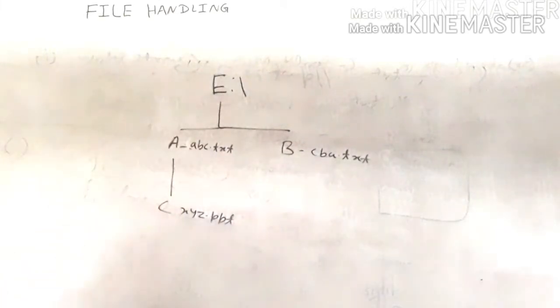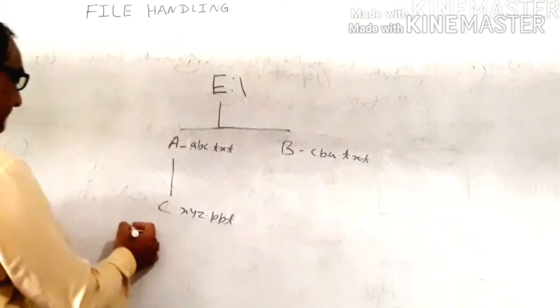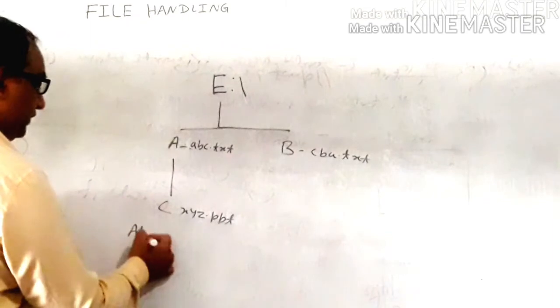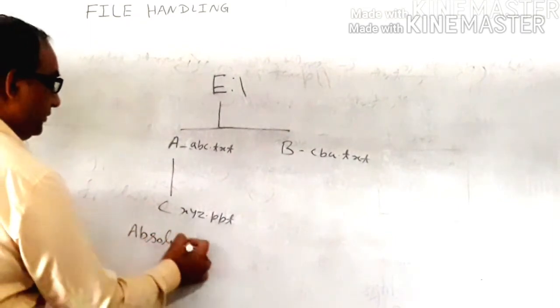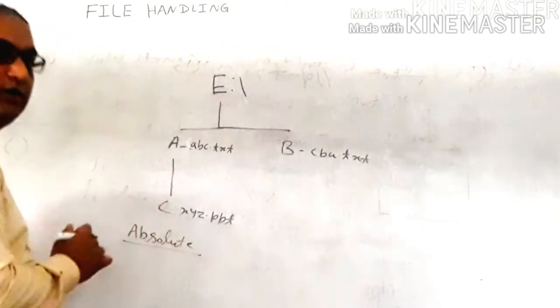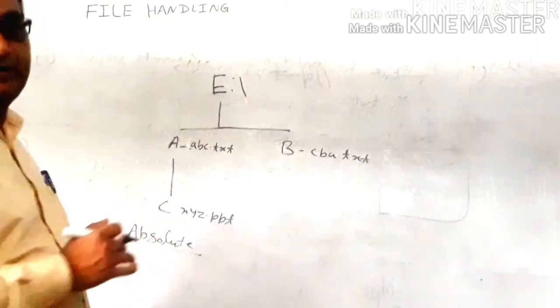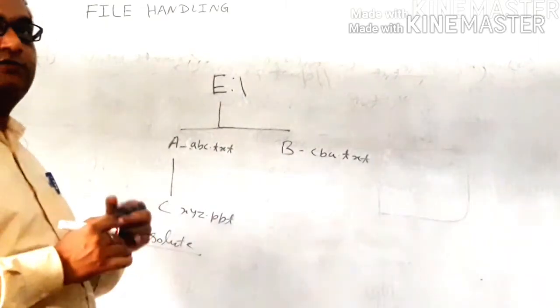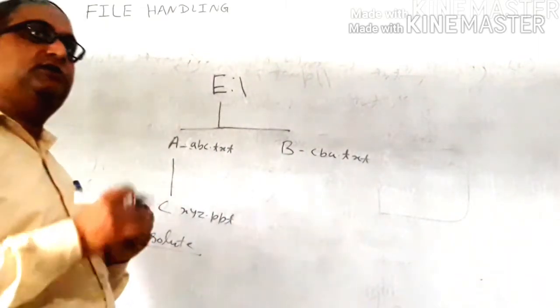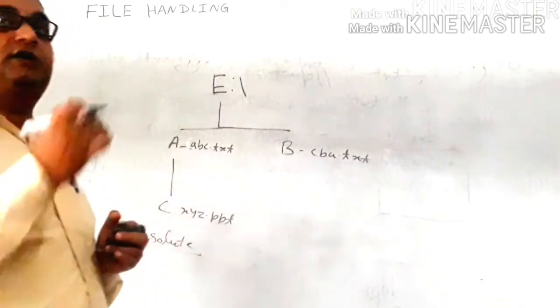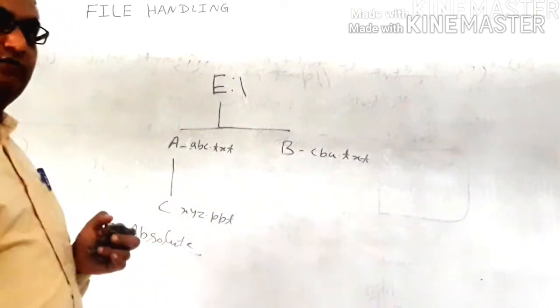Now the first is absolute path. Absolute path means the whole location, the whole path. It means where the file is located, what its parent directory is, and where the subdirectory is, all in a single line.